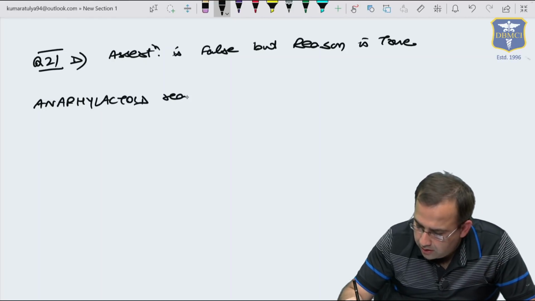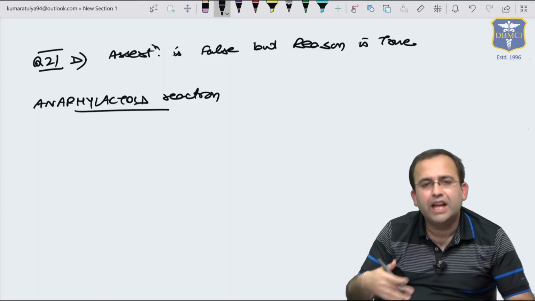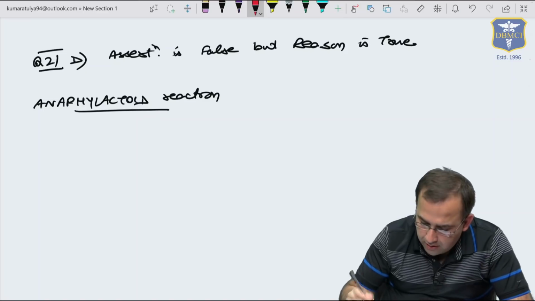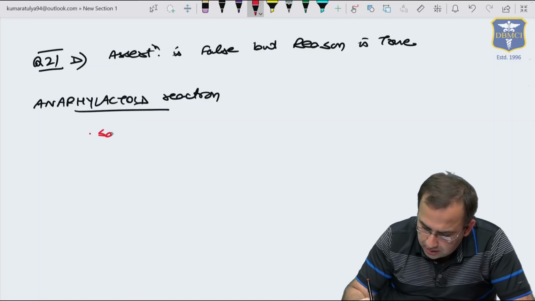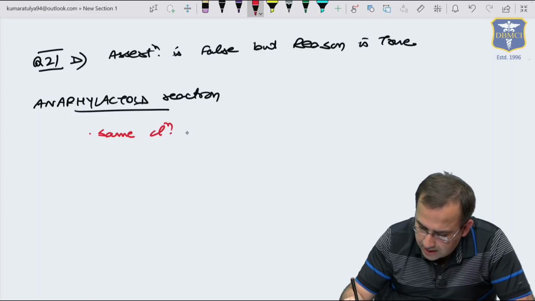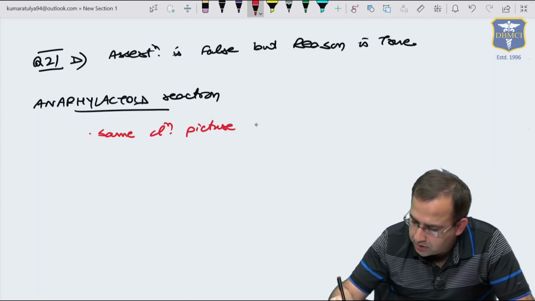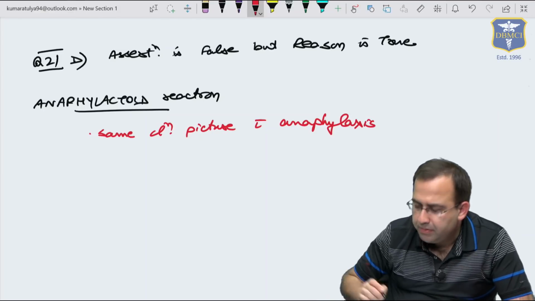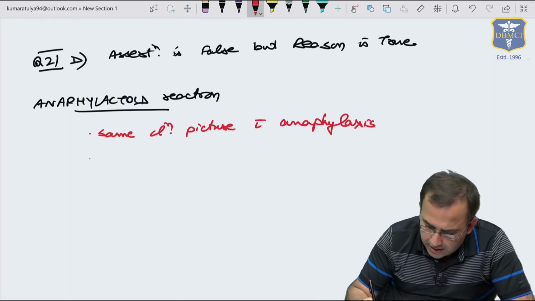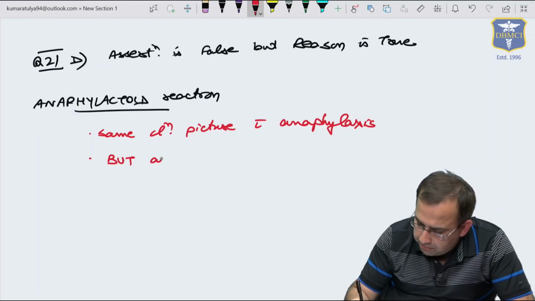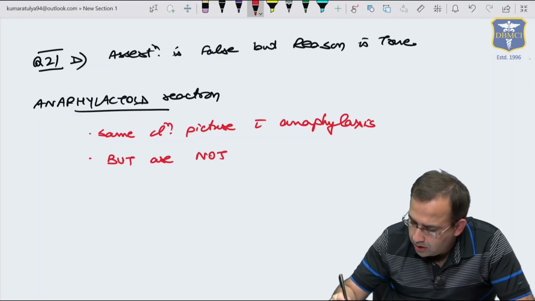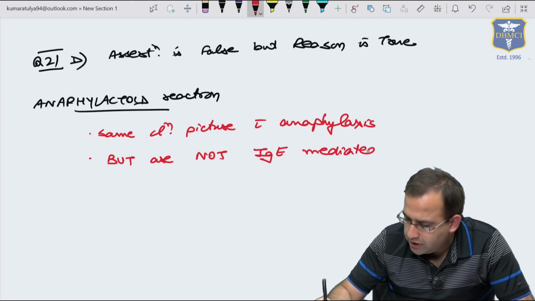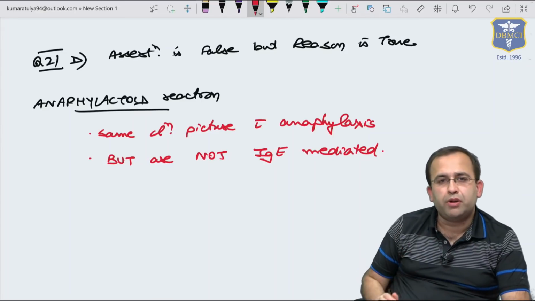Anaphylactoid reaction, the name tells you it is like anaphylaxis, but it is not. This has the same clinical picture as anaphylaxis. Anaphylaxis is IgE mediated. This has the same clinical picture, but is not IgE mediated. First point.